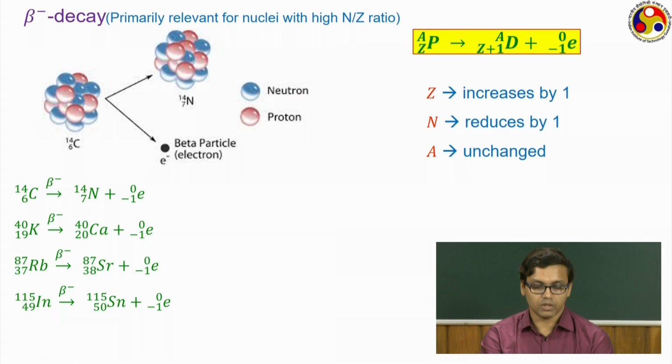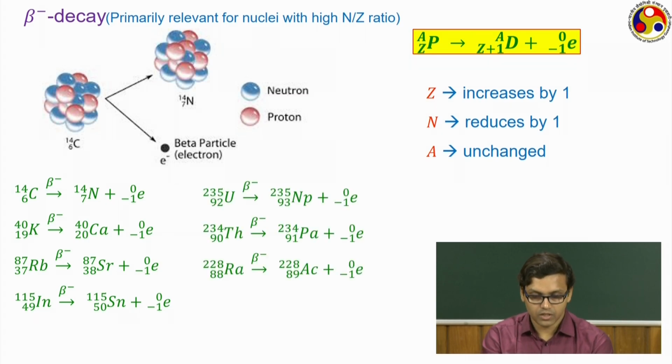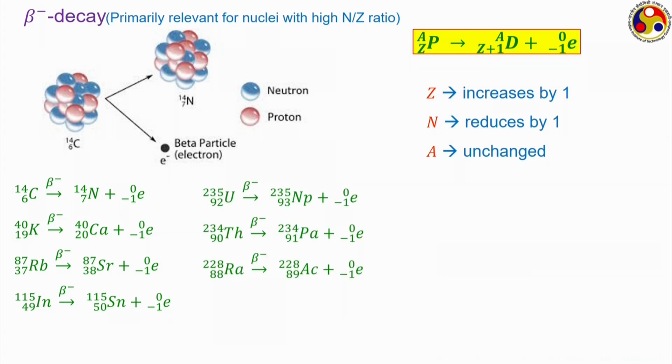So, on the right hand side we have 7N14 nitrogen plus the electron. Similarly, we have 3 other reactions. These are a few for the heavier nuclei like U235, Th234 or radium 228. Like the middle one, thorium 234 going through a beta decay to produce Pa234, which has 91 protons in it.